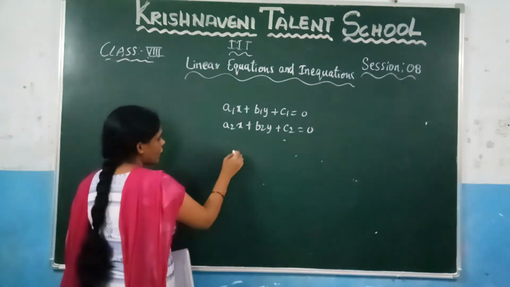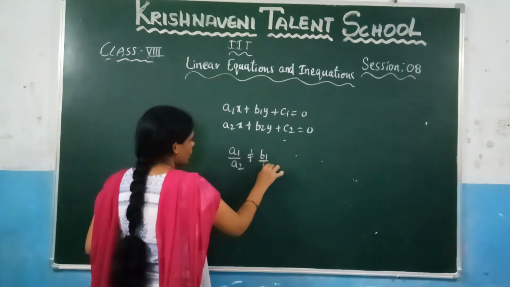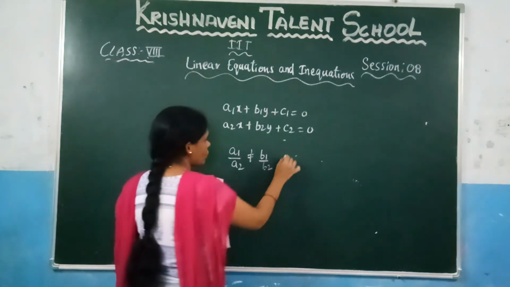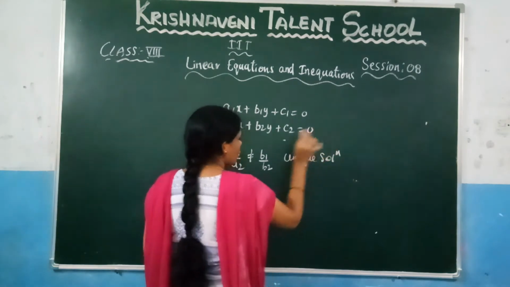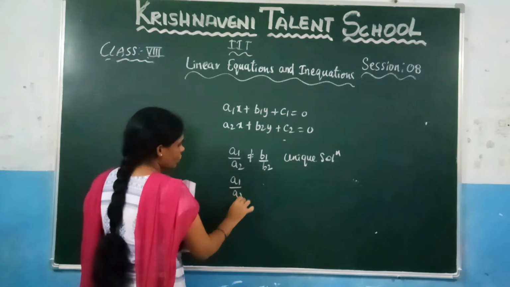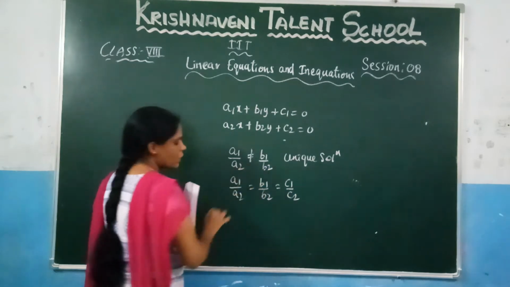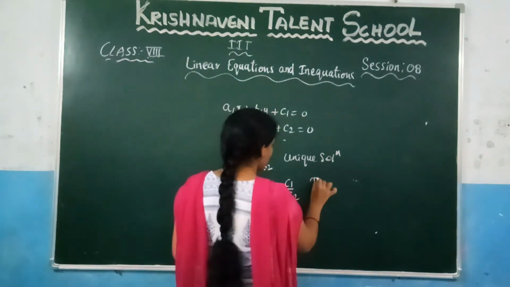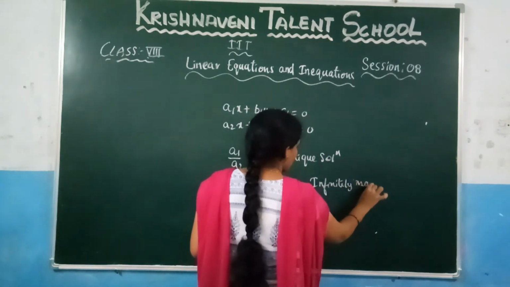If a1 by a2 is not equal to b1 by b2, then we can say the given linear equations have a unique solution. If a1 by a2 is equal to b1 by b2 is equal to c1 by c2, then we can say it has infinitely many solutions.